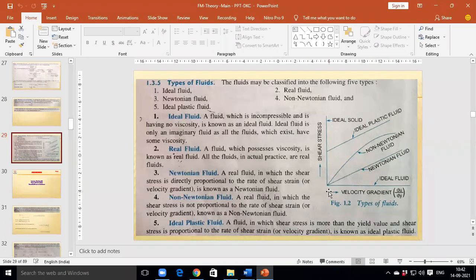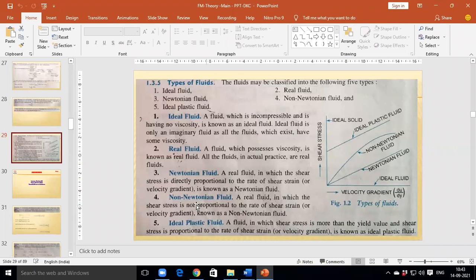If the fluid obeys Newton's law of viscosity, that type of fluid is called a Newtonian fluid. It means shear stress is directly proportional to shear strain, velocity gradient, or velocity distribution.